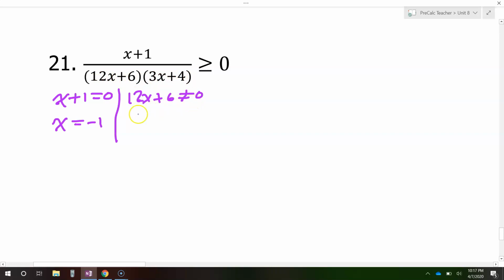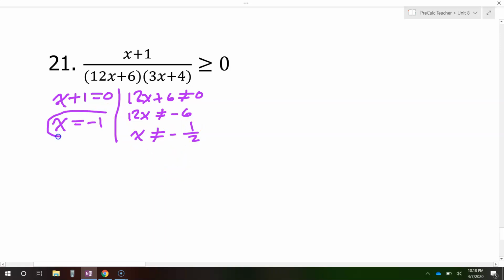So subtracting 6 from both sides, that means 12x cannot equal -6. Dividing by 12, that means that x cannot equal -1/2. So there's another critical value.